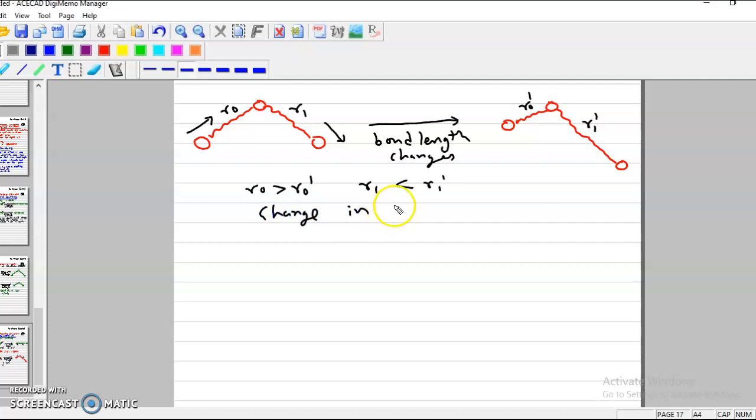So there will be definitely change in dipole moment, and that's why all asymmetrical stretchings are IR active. Because there will be change in bond length, there will be change in dipole moment, and therefore both asymmetrical stretchings are IR active.